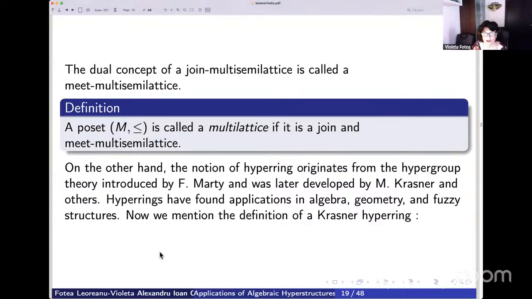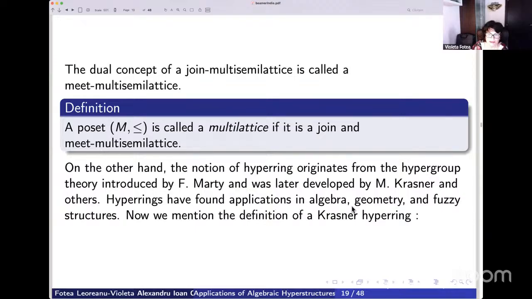The notion of hyperring originates, as I said, from hypergroup theory and later from the Krasner researches. Krasner introduced a type of hyperring that he called Krasner hyperring, and we also call it that today.